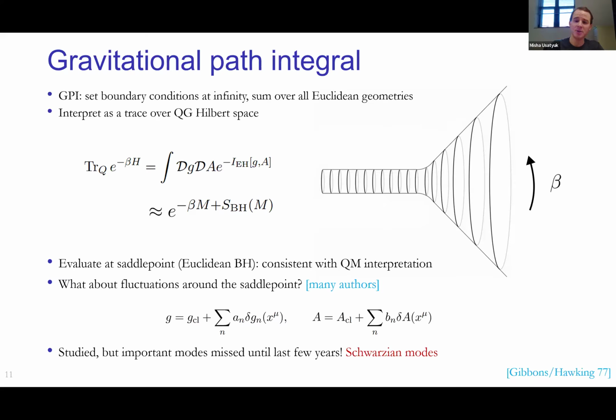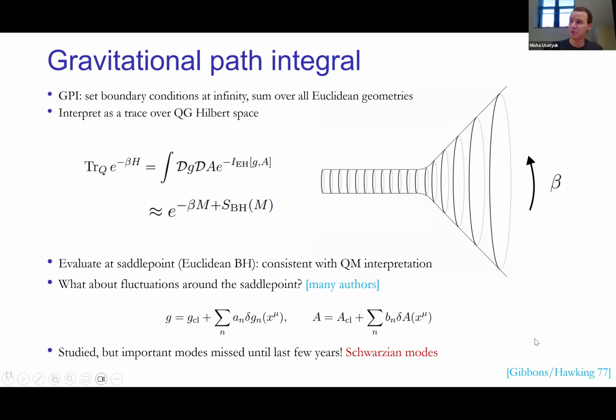Say you set the size of the time circle to be beta, periodicity beta, and you might set boundary conditions for the gauge field so that you fix the amount of electric charge to be big Q. And then you sum over all smooth Euclidean geometries and gauge fields on top of those geometries, and you evaluate their Euclidean action. Okay, you can do that.